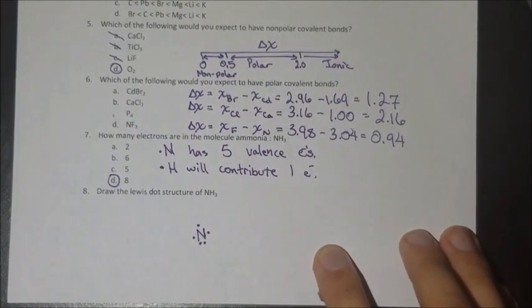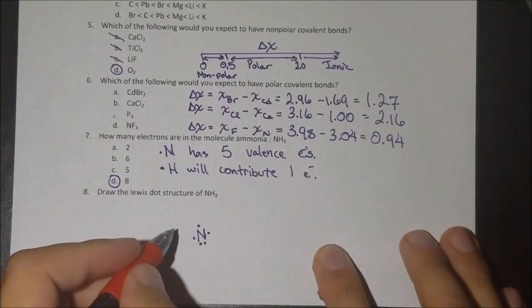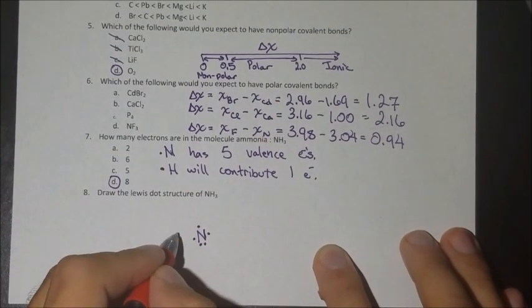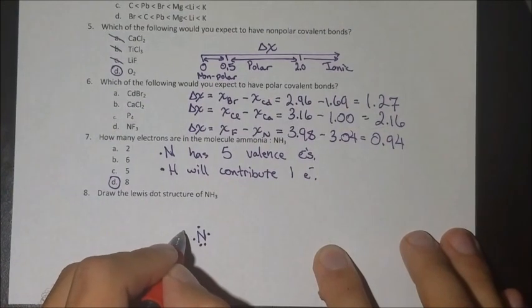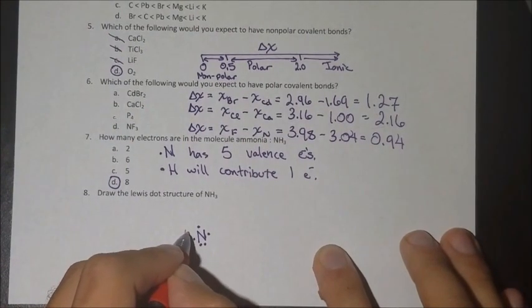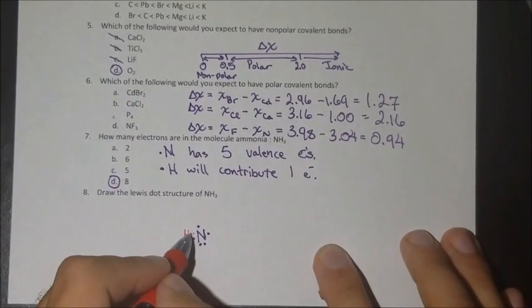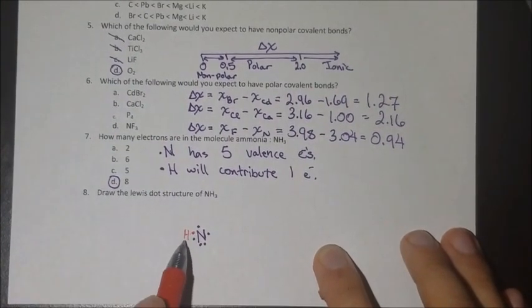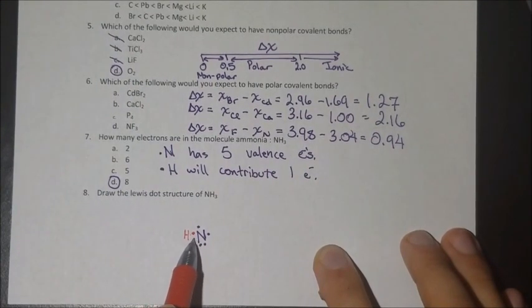Then hydrogen's going to come in here, and I'm going to draw the hydrogens now in a different color so that we can see where all the electrons are coming from. So the hydrogens here are going to come in like this and contribute an electron to that valence electron on the nitrogen.